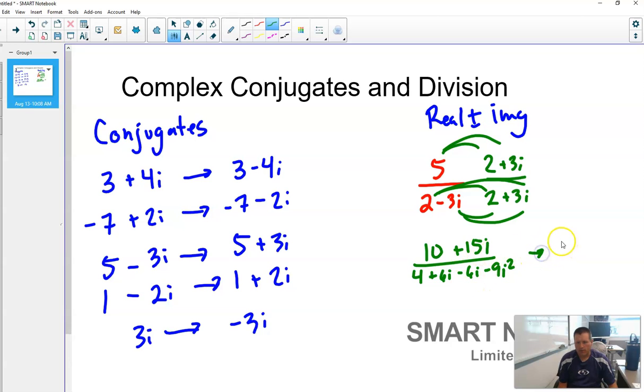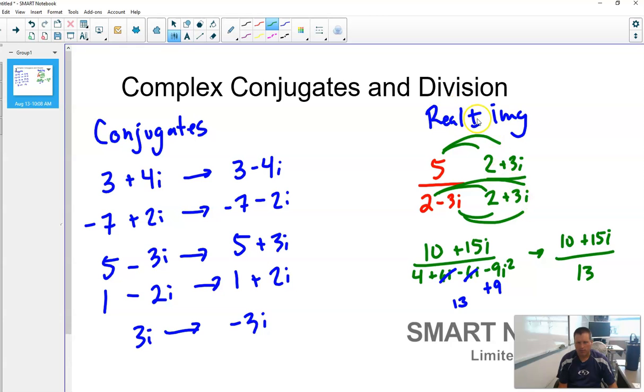Okay? And then we're just going to simplify this a little bit more. So 10 plus 15i stays. What happens here? Those two cancel out, right? 6i minus 6i gives me 0i. And then here I get plus 9, because that i squared really is a negative 1, so minus negative 9 is plus 9. And I add it to the 4, which actually gives me 13 here. Okay? So I have this divided by 13.